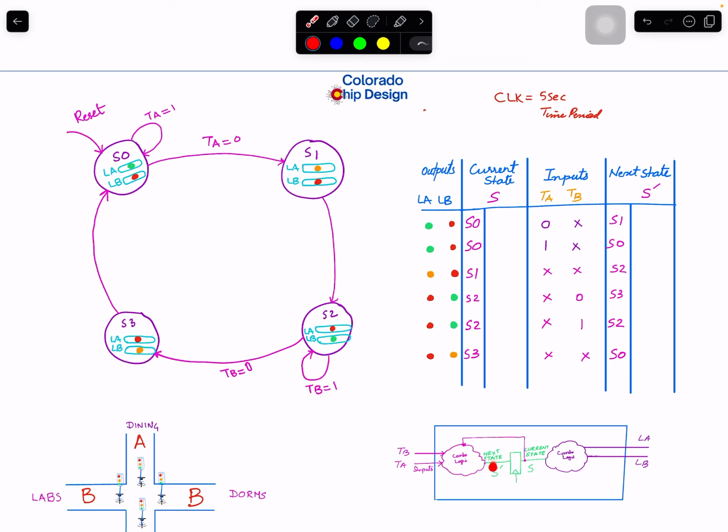That corresponding to S1. When T is 0, we move to S1. We need to put S1 here. When the next rising edge of the clock comes, it sees this and moves it to the output without any problem. So our current state is S0 and T is 0, and next state here becomes S1.